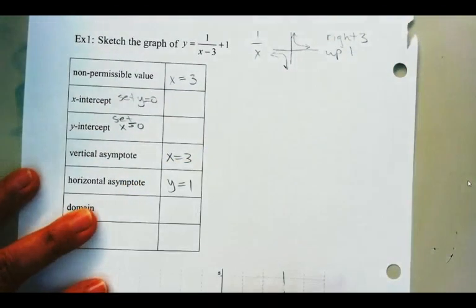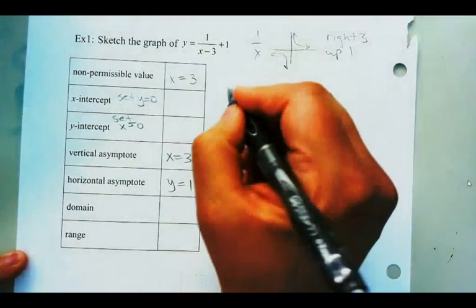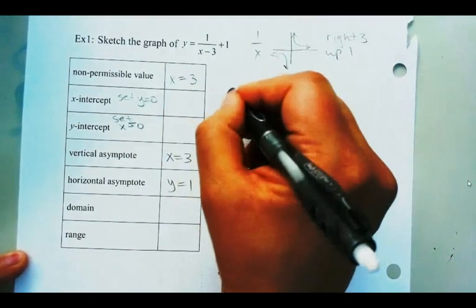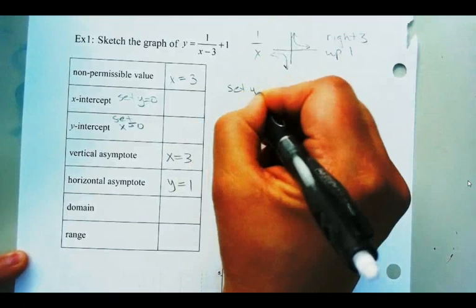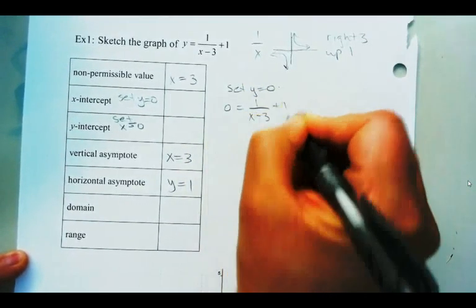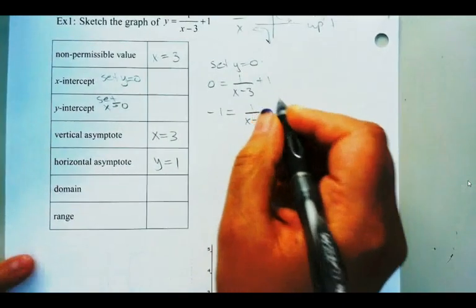Make sure we state that as an equation. So when we set y equal to 0, we have 0 equals 1 over x minus 3 plus 1.